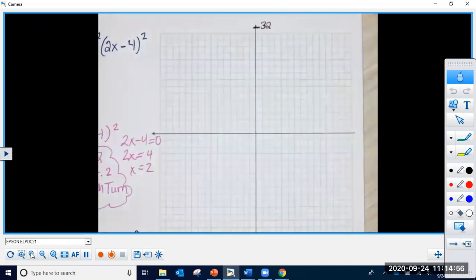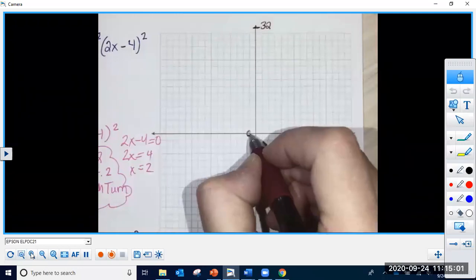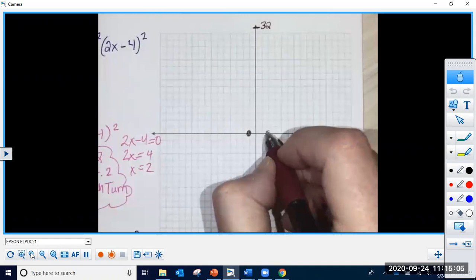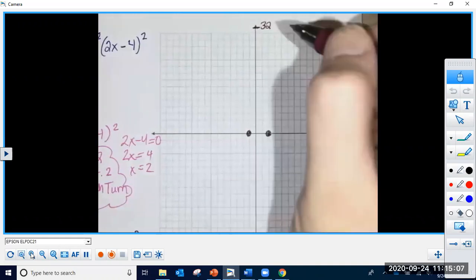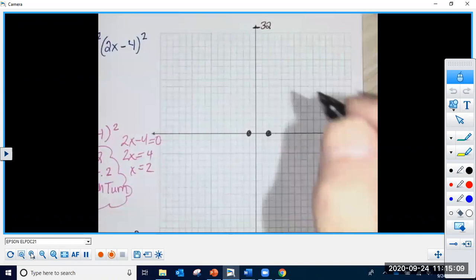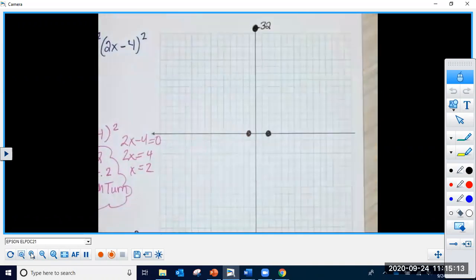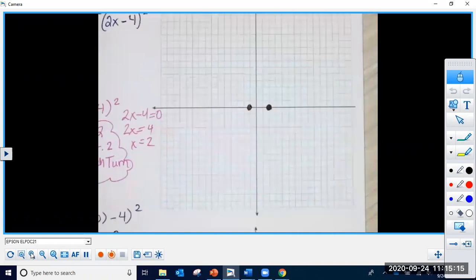Let's graph the x-intercepts, -1. Graph the other x-intercept of 2. Your y-intercept is -32, sorry. So it's way down here.